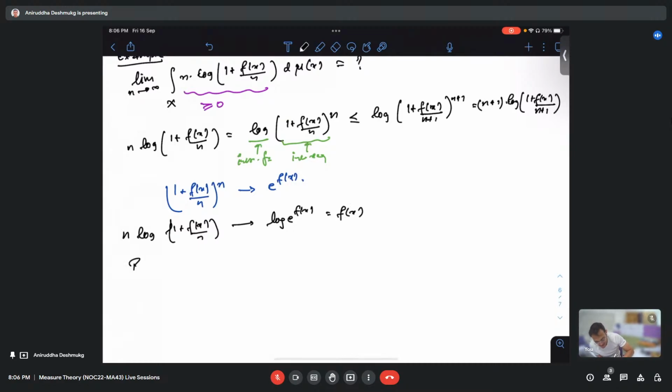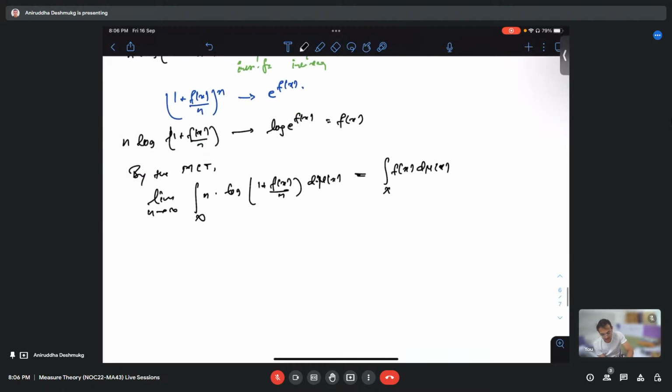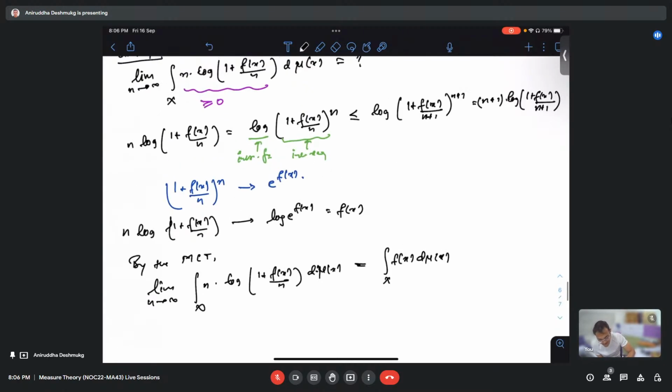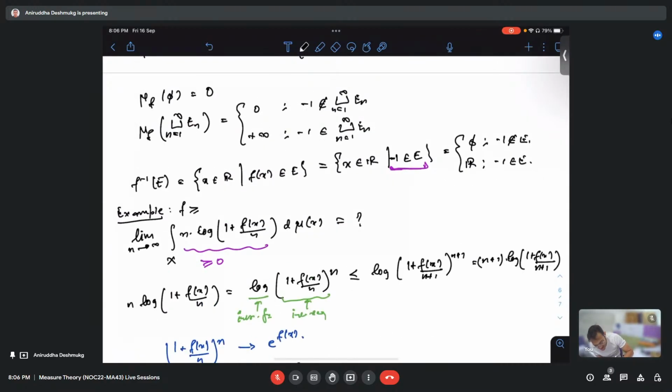And therefore, by the monotone convergence theorem, one concludes that the limit of these integrals of n times log of 1 plus f(x) by n, d mu x over any measure space X, is equal to the integral of f(x) d mu x.